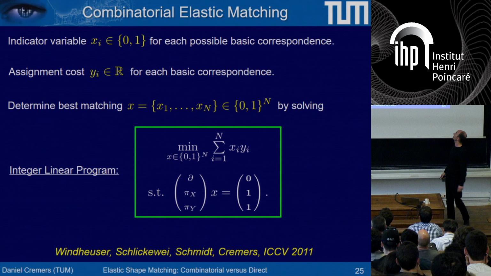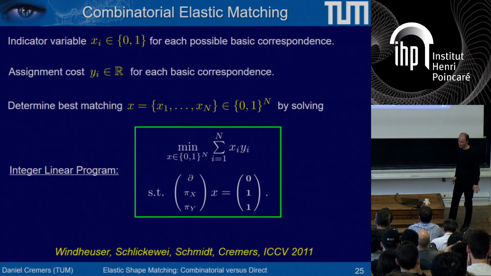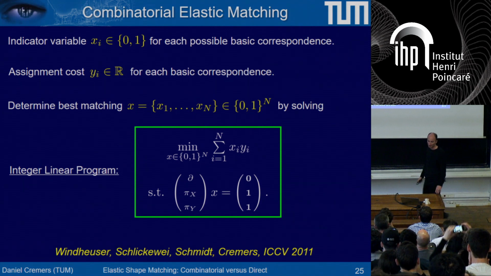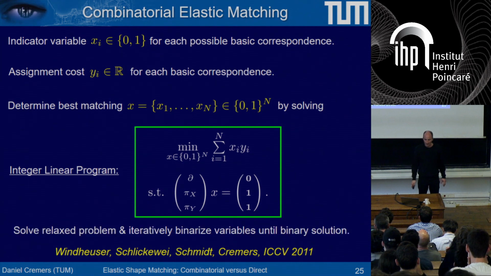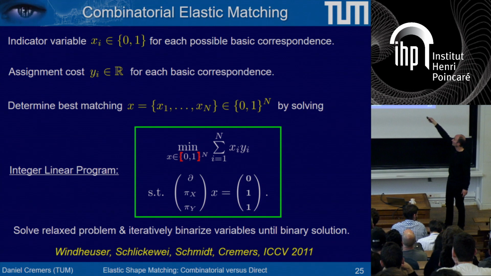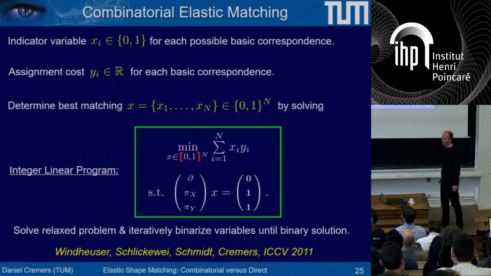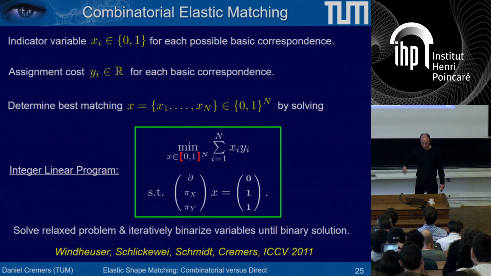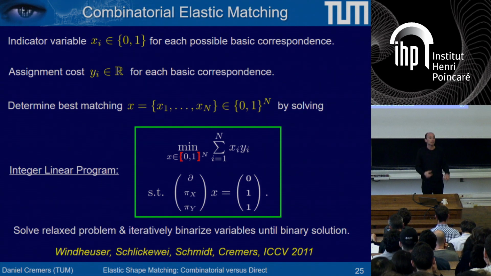As I said, unfortunately, this is an NP-hard optimization problem, but what we can do is we can drop the binary constraint, so allow real values for all these pairs of triangles, and then we can solve that convex problem and sequentially binarize.